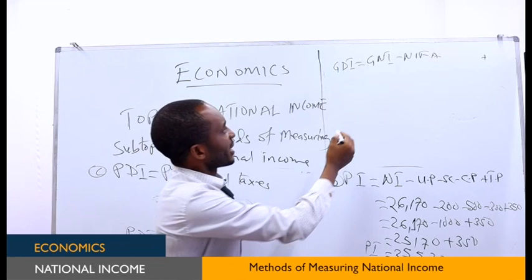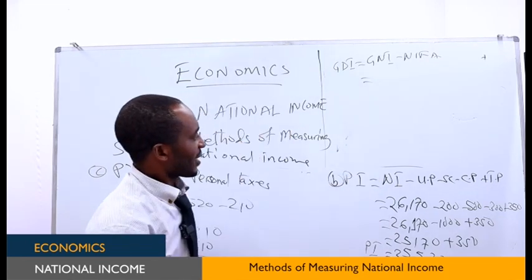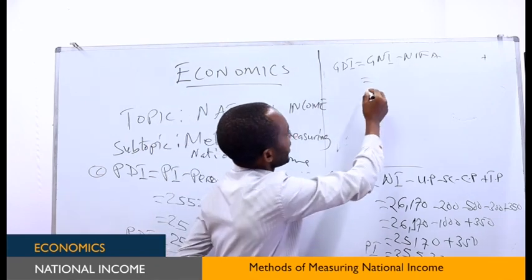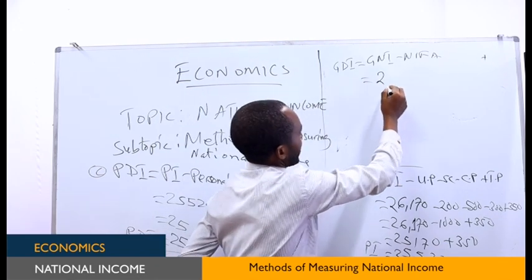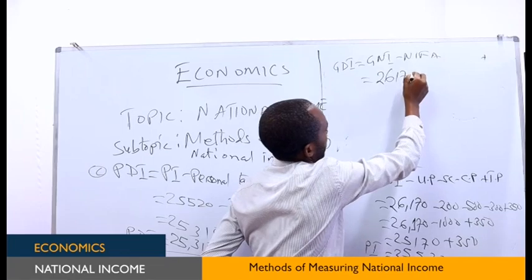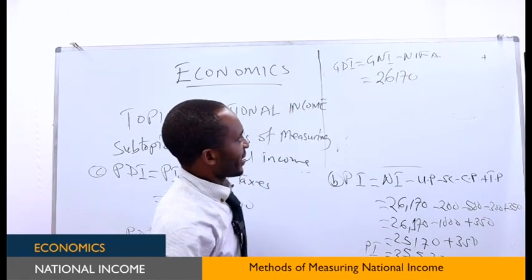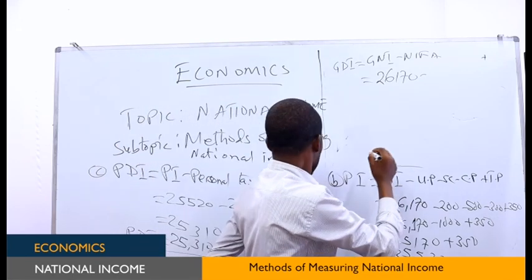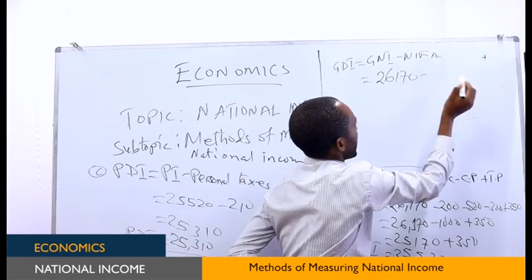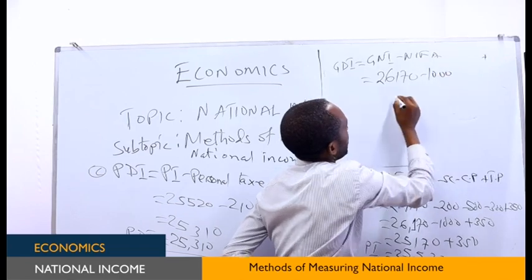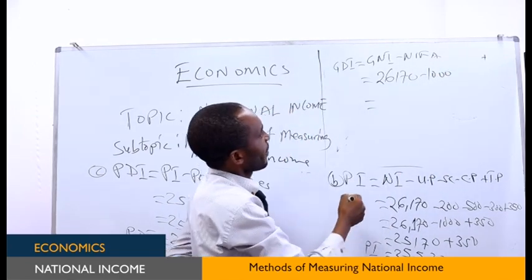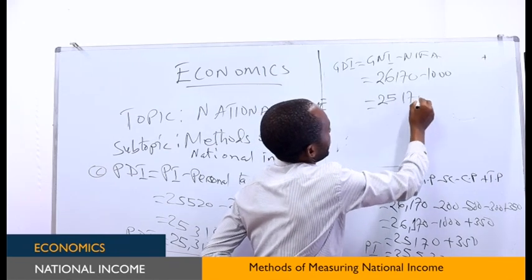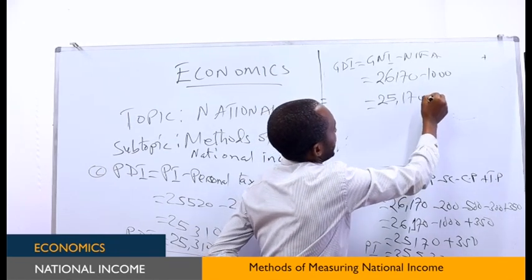So the gross national income is 26,170. Then you minus the net income from abroad, which you are given is 1,000. So when you subtract, the answer will be 25,170 shillings.